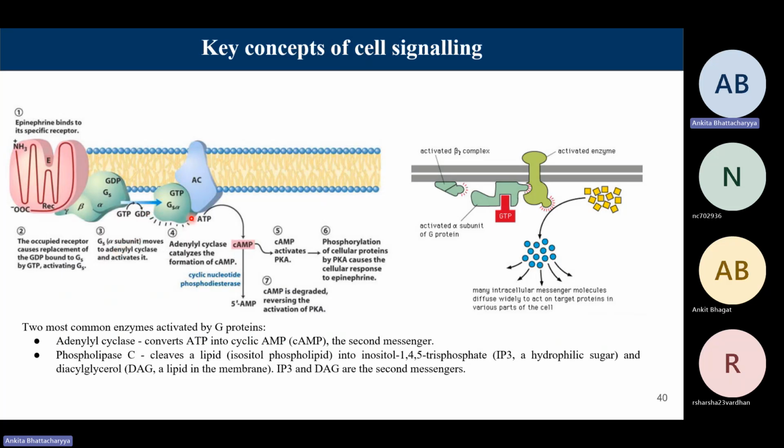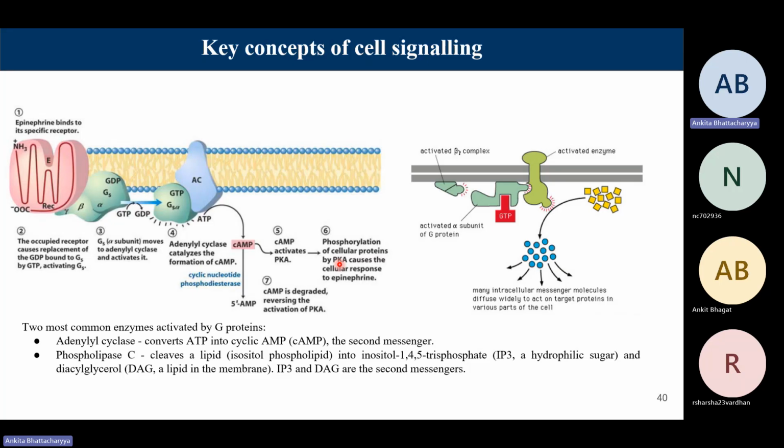Then this activated subunit is able to move and bind to adenylyl cyclase, AC, and then activates it. What does that do? That triggers the formation of cyclic AMP, which acts as a secondary messenger, which activates protein kinase A, which generates the cellular response to epinephrine.